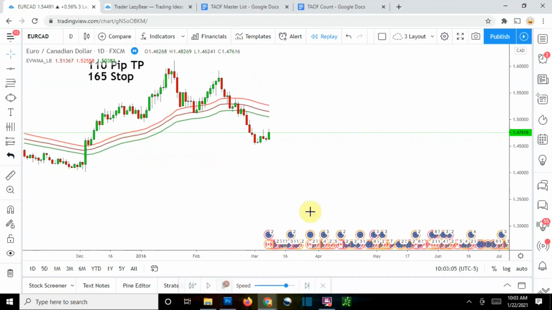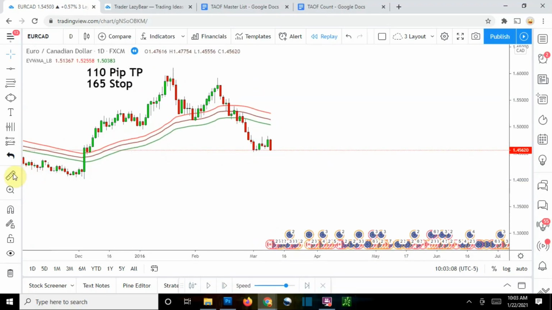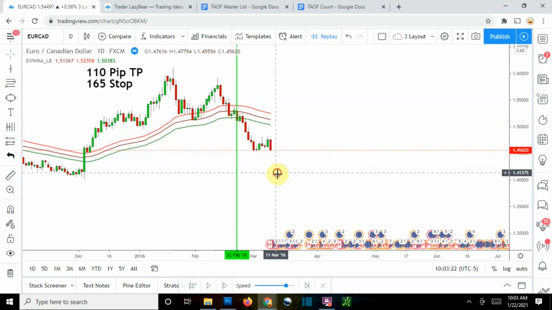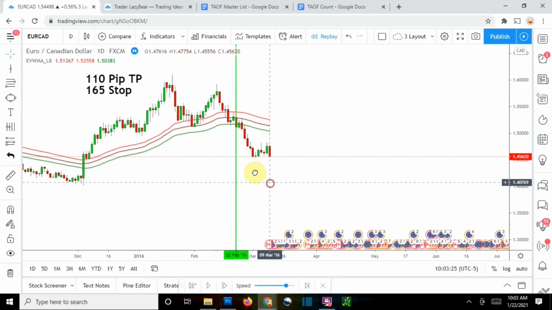Now, the reason why I like this method better than other moving averages, and I've said it before, let's see, here is our first signal right here. You see it breaks below the lower band, and we drop in on a sell.